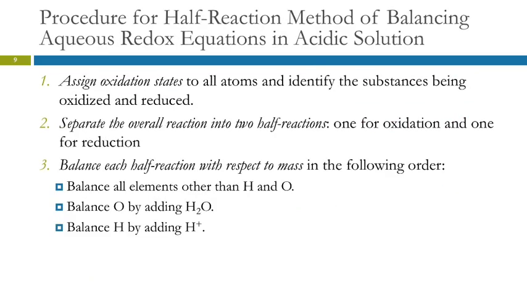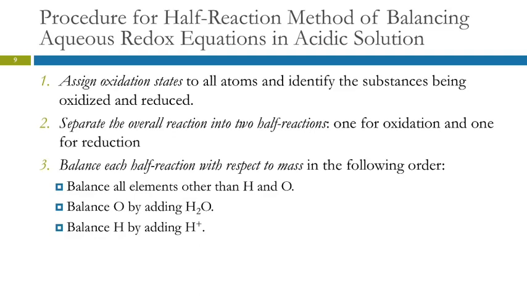Okay, so on to this half reaction method of balancing. Ideally, you would start by assigning oxidation states to all the atoms, identifying what's being oxidized and what's being reduced. Practically speaking, you don't really need to do that.